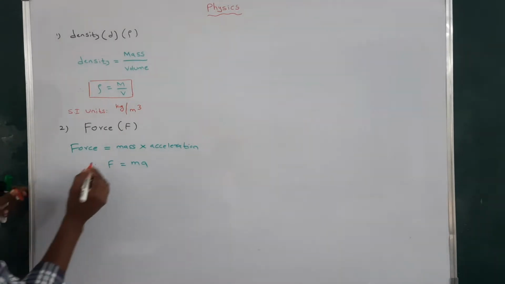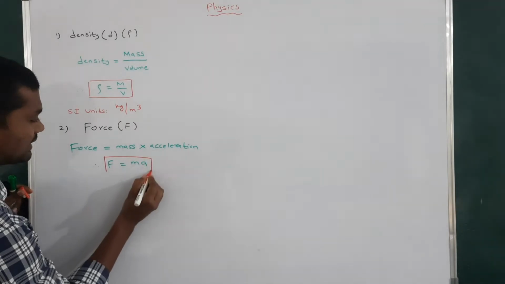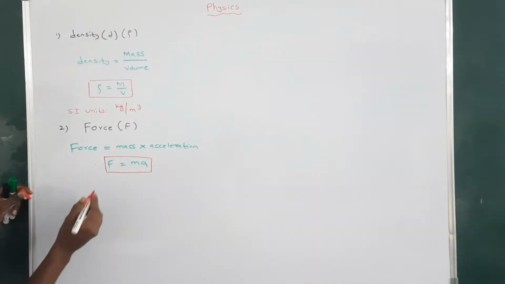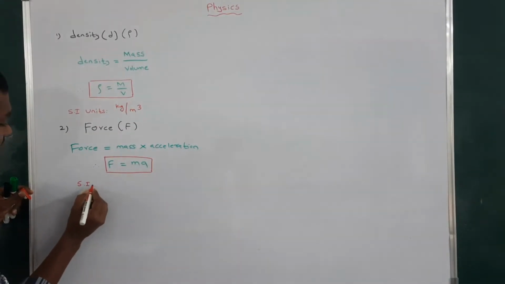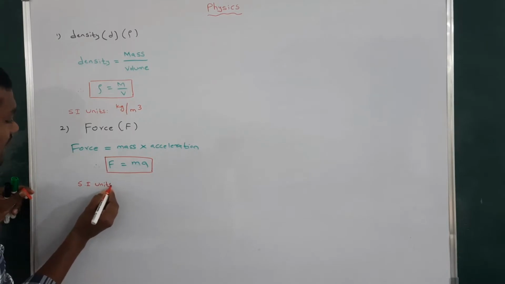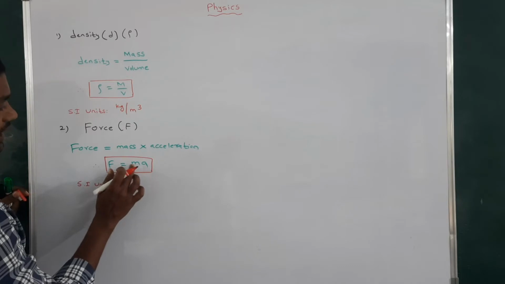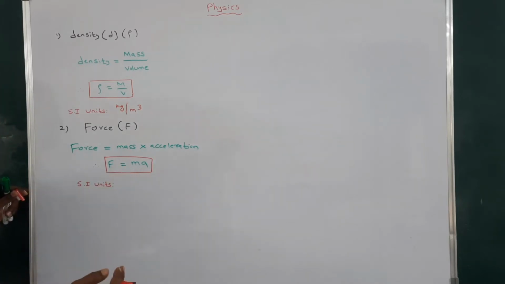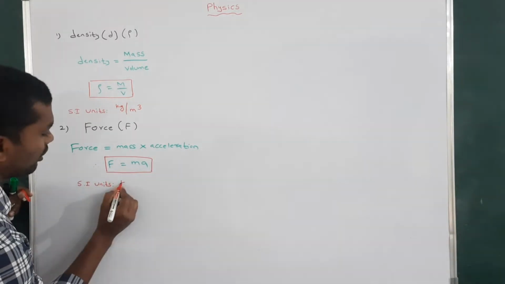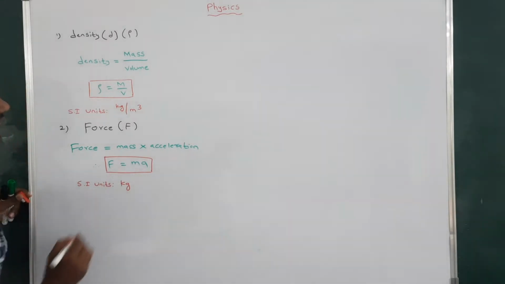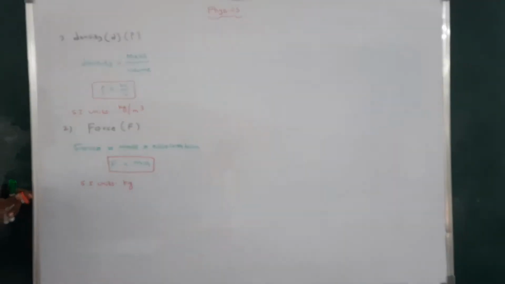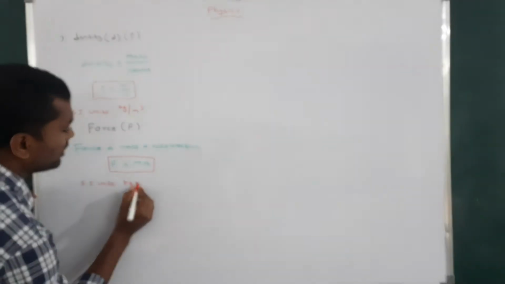Next, we can write the SI units of the force. Where F is equal to ma, m means mass of the body, measured in kilograms, kg. a means acceleration, measured in meter per second square.